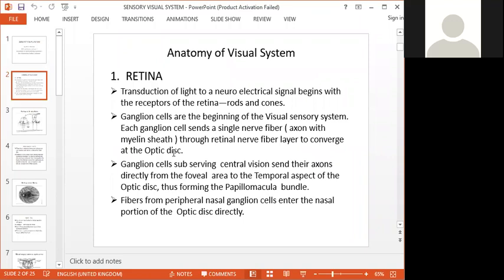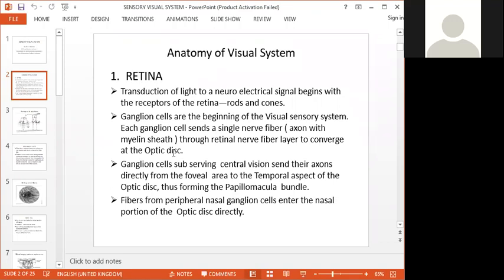The first one is the retina, obviously, where light first has to get to the retina. From outside, the light passes through the clear cornea, the anterior chamber of the eye, through the lens, through the vitreous to hit the retina.